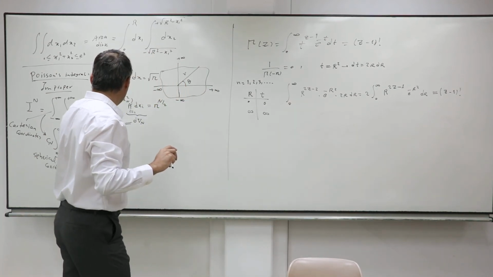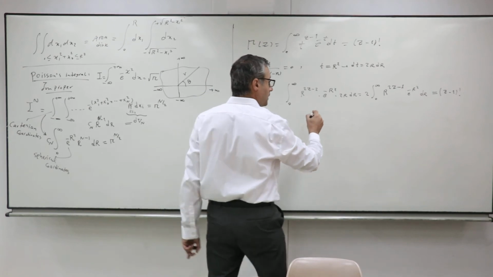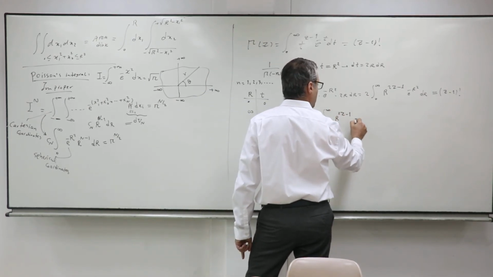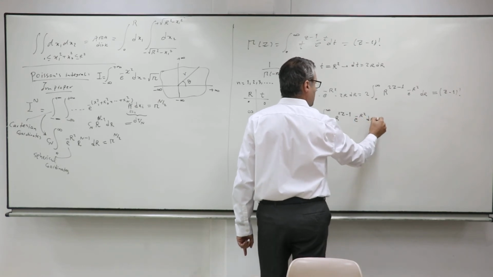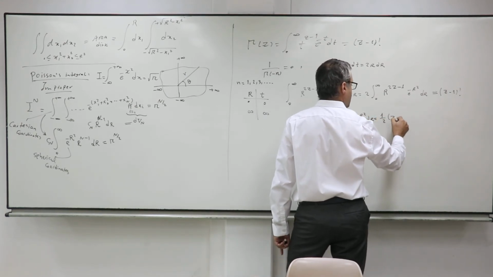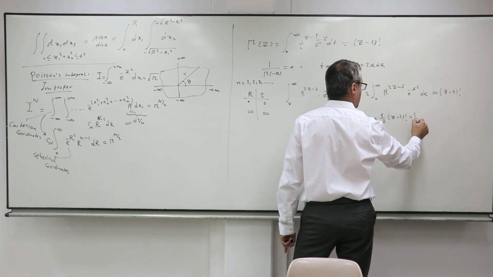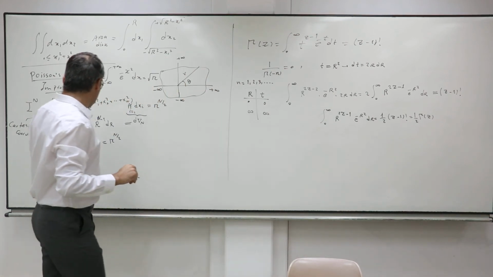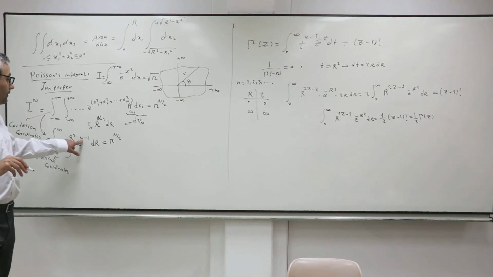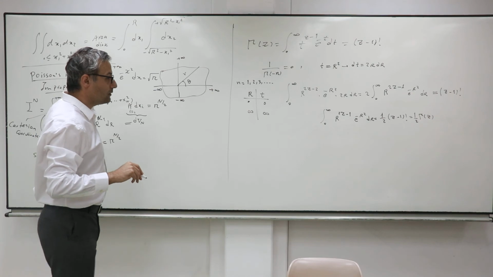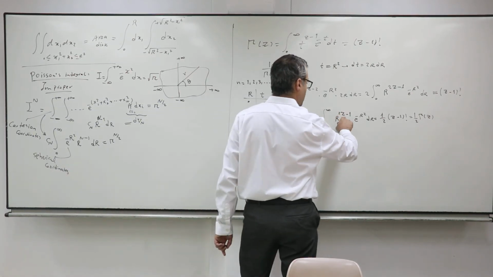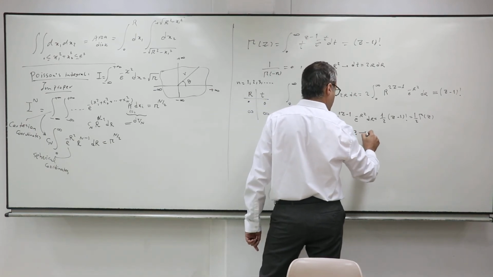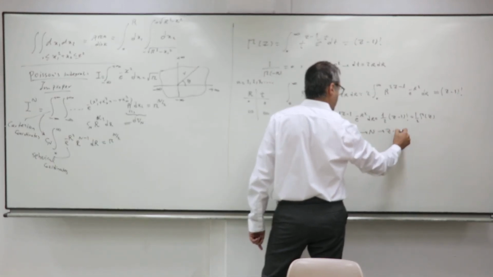Comparing with your case, the integral of r^(2z-1) e^(-r^2) dr is 1/2 times (z-1) factorial, which is 1/2 gamma of z. In your case, you have n-1 instead of 2z-1, so 2z should be replaced by n, which means z is replaced by n/2.